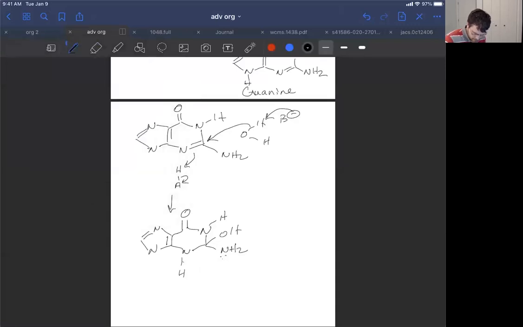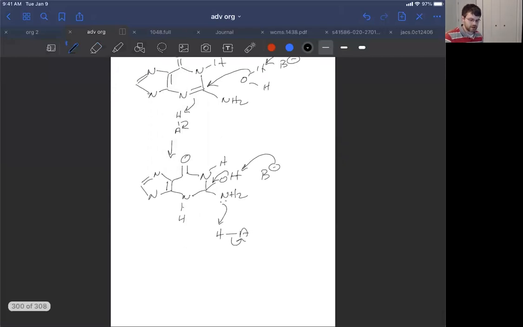Sorry. Lone pair is going to add to an acidic hydrogen at the same time that a base is going to grab the OH, push the electrons down to make a carbon-oxygen double bond. We'll just stick with that as opposed to having an enolization step. I keep forgetting this H over here.